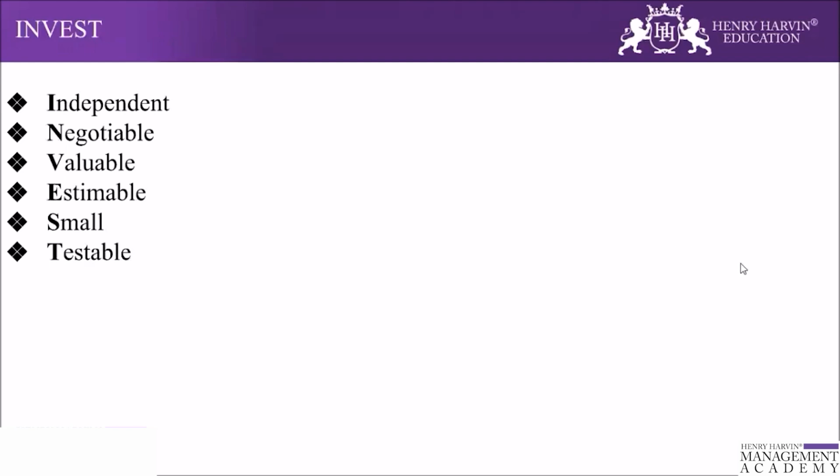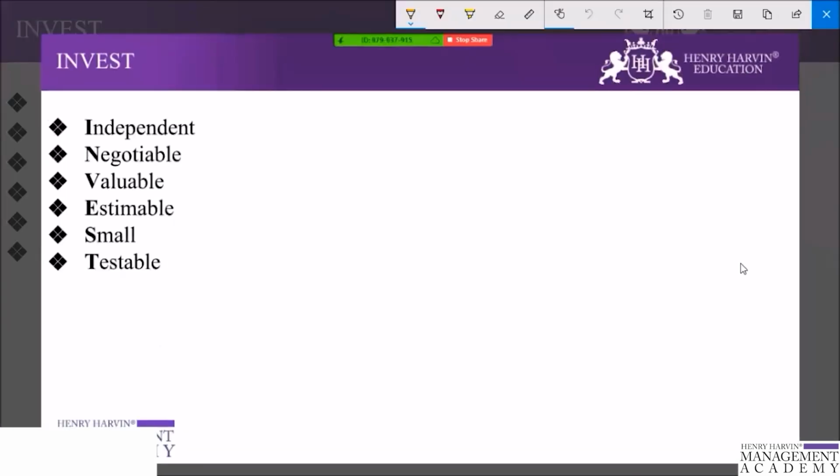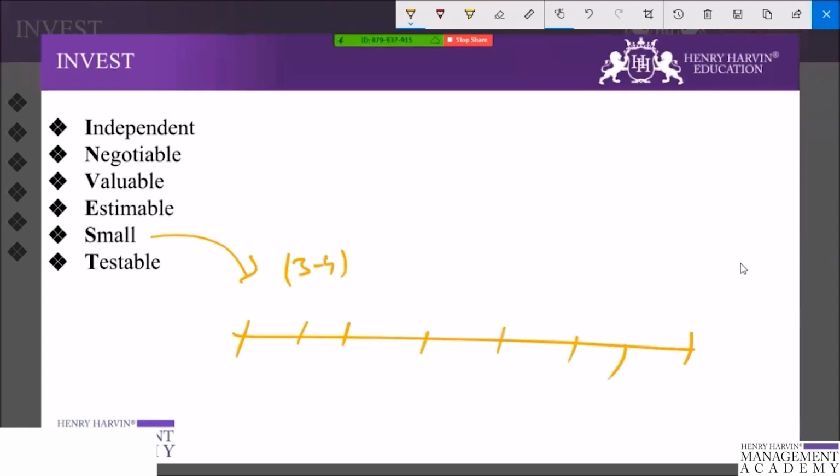So if there are 5 developers working, some stories will come in 3 to 4 days, and another story section will come in maybe 5 to 6 days. There should be a proper balance of all these stories when we are in the planning meeting, or when we are prioritizing our product backlog.